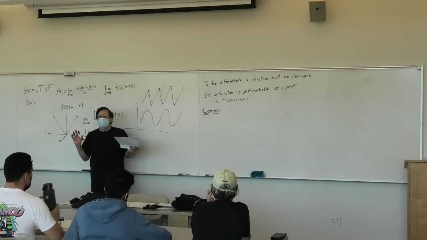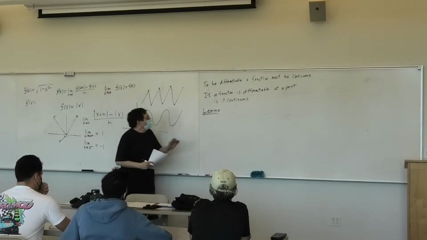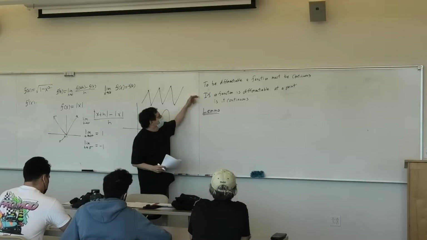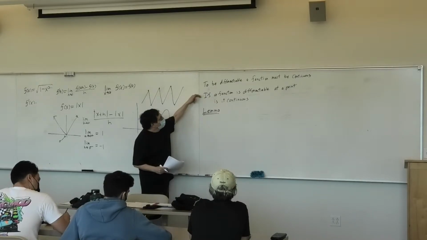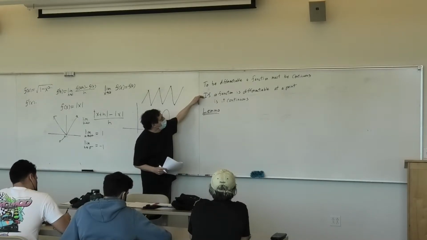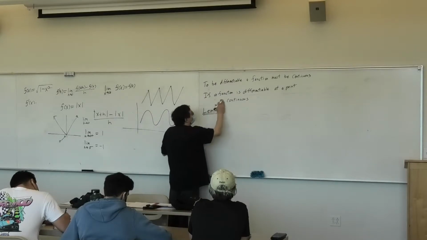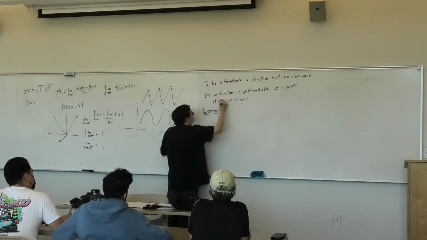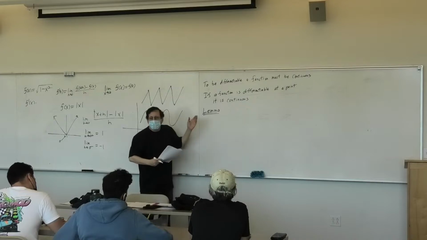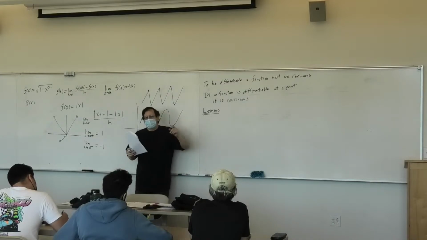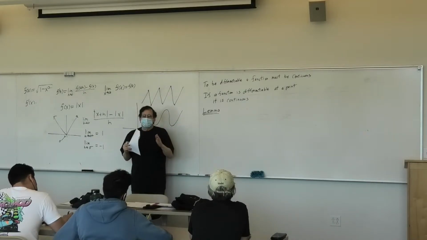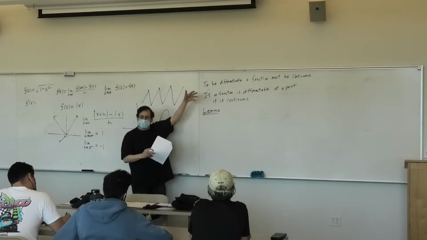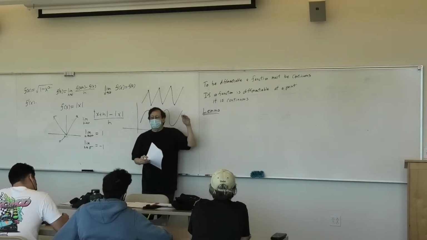We're going to prove a theorem: if a function is differentiable at a point, it is continuous. A lemma is a theorem, but you can think of it like a little theorem that we use when we're solving a proof. It gives us a little stepping stone.